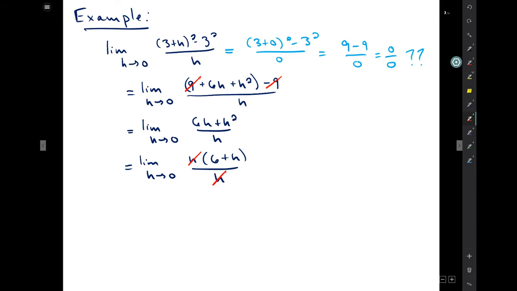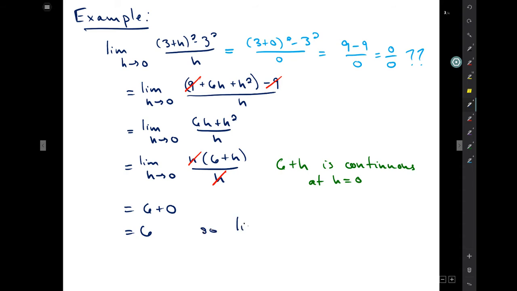And now the point is that this 6 plus h is continuous at h equals 0. There's no problem with that. So now I can just plug in 0, and I get 6.